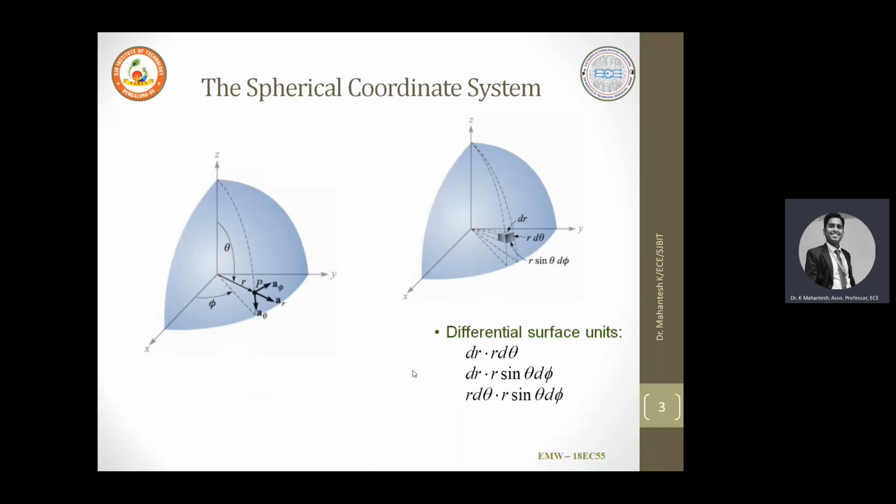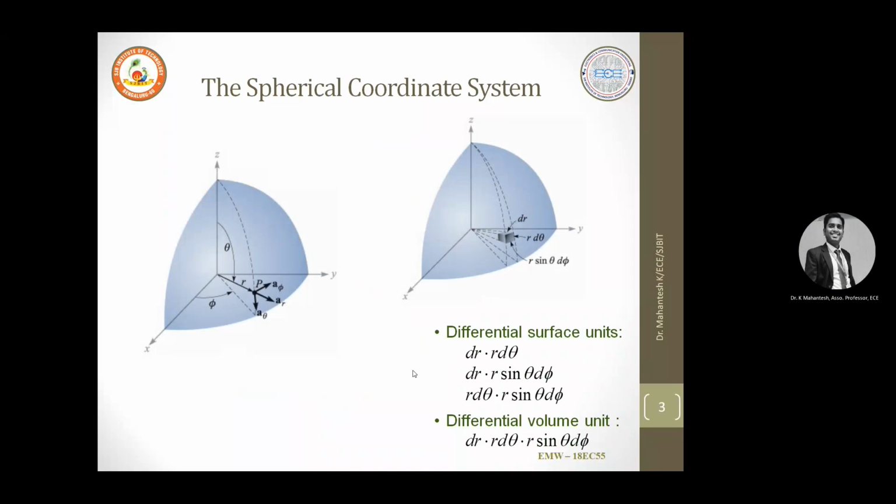With respect to the radius r, the surface normal to r is r d theta, r sine theta d phi. So differential volume exists in terms of dr, r d theta, r sine theta d phi. We can observe differential surface units are a vector quantity, differential volume units are a scalar quantity.